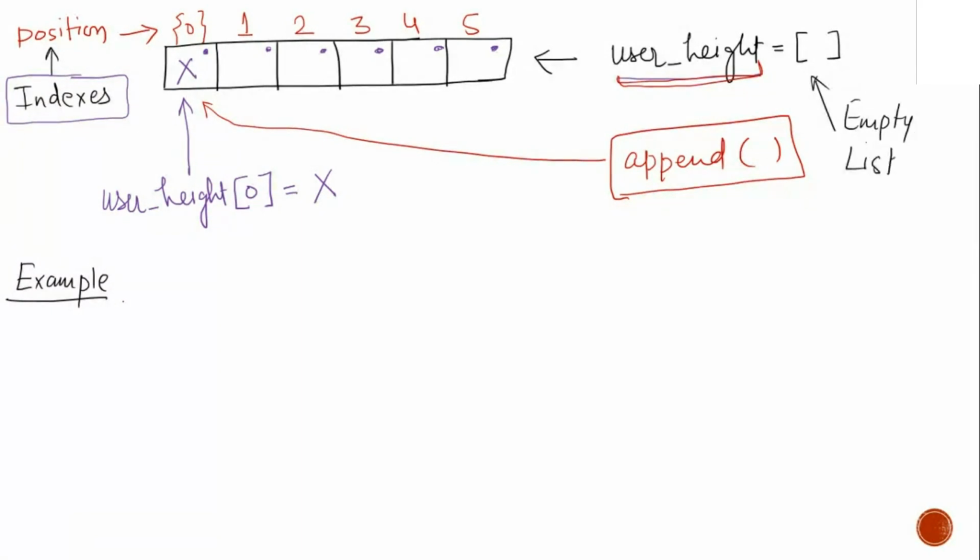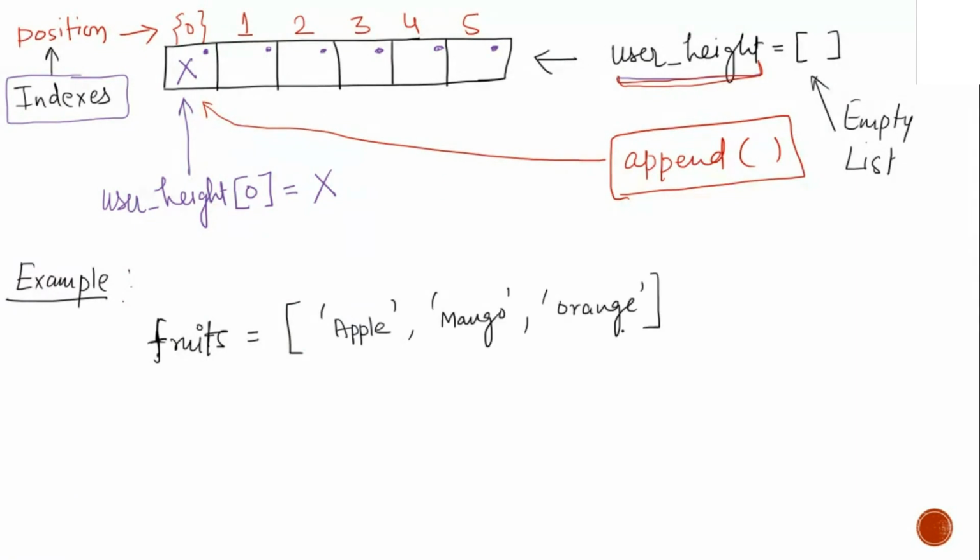Now I want to define a list of fruits. So my variable name is fruits, and let's say I define it as apple, then mango, and another fruit like orange.